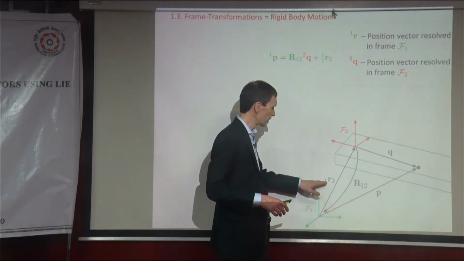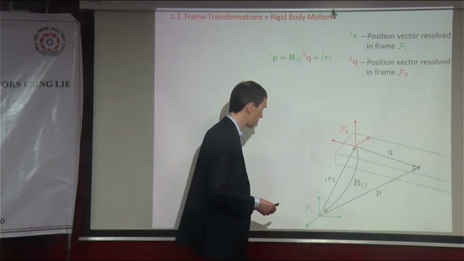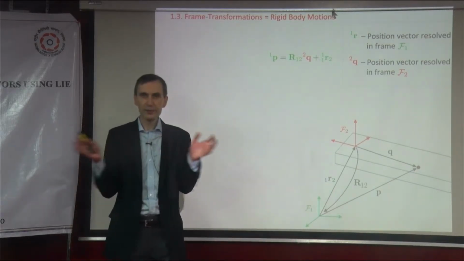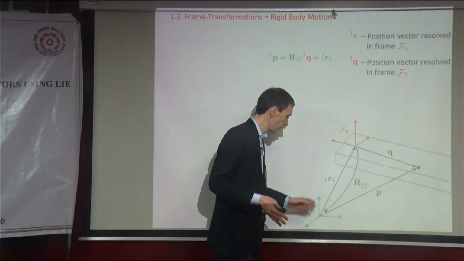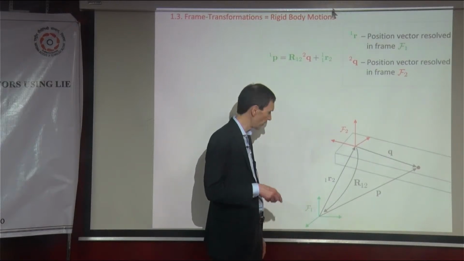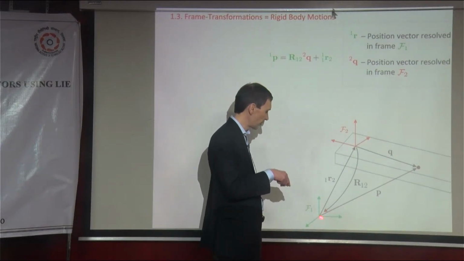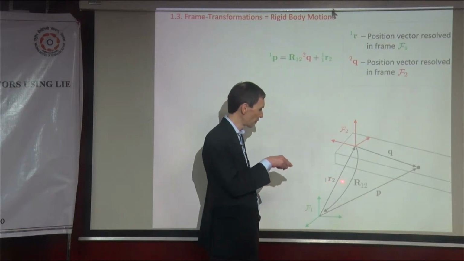Essentially, this is the vector that measures from 1 to 2, between two objects, and our objects are frames. So frame 1, frame 2. I take the displacement from the origin of frame 1 to frame 2. So 1, 2: source, target.